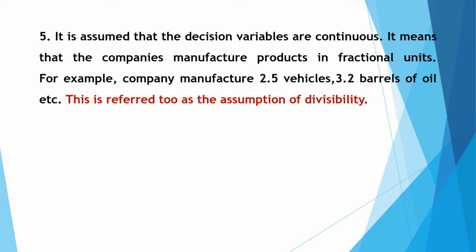If it is the textile industry, they can manufacture 15 reels of a particular brand, or they can have 5,000 meters of a particular brand. So depending upon the product, a decision variable can take either integer value or continuous value, and that's why the assumption of divisibility is preserved in linear programming problem.